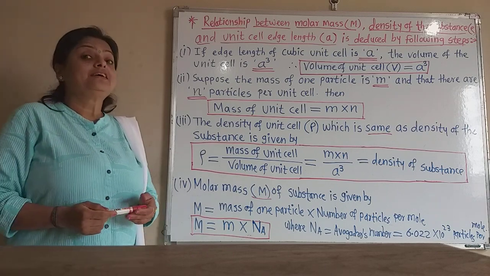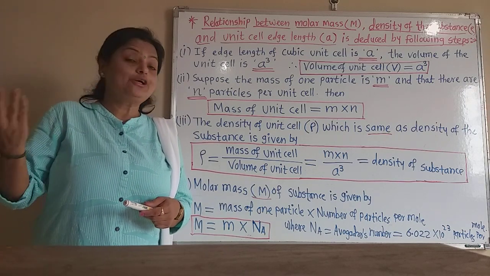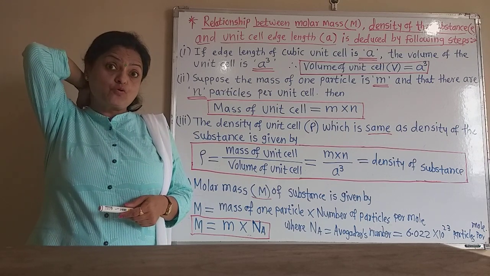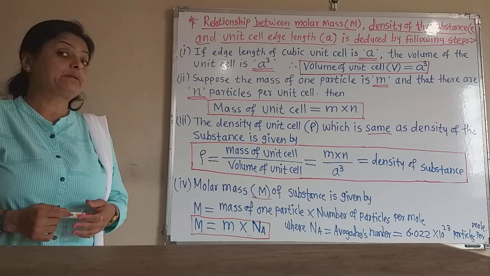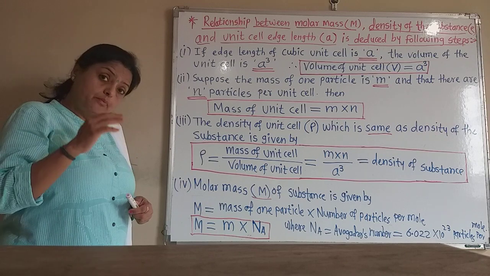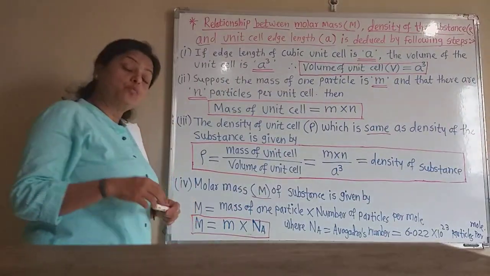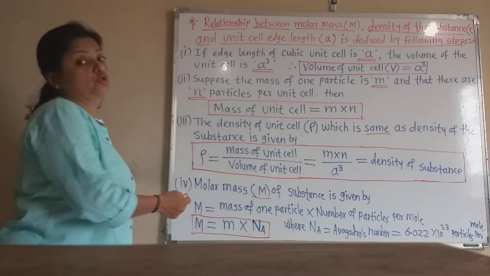And we know that the particles present in 1 mole is nothing but the Avogadro's number. In 11th standard we learned about that. That is 6.022 into 10 raised to 23 particles are present in 1 mole of the substance. So mass of one particle into number of particles per mole is nothing but the molar mass of the substance.